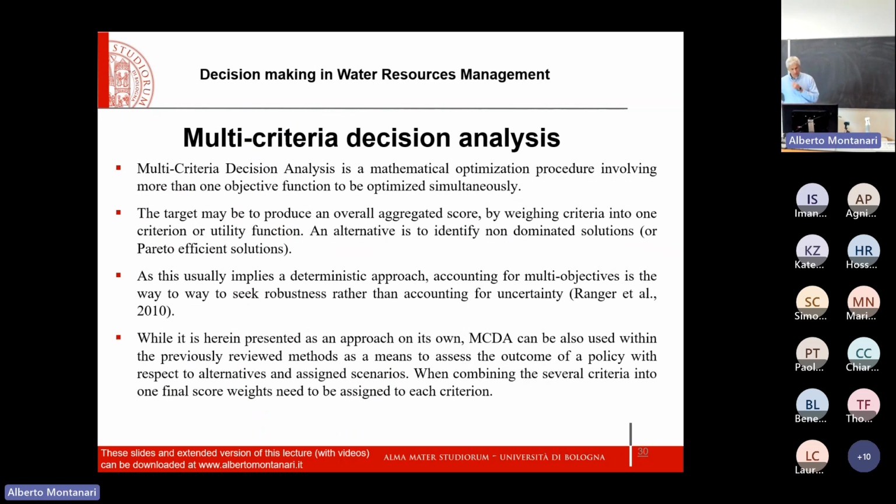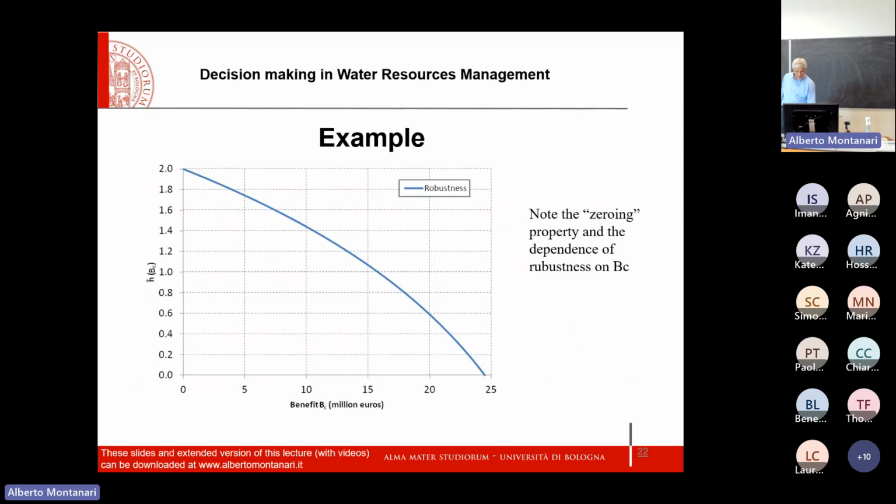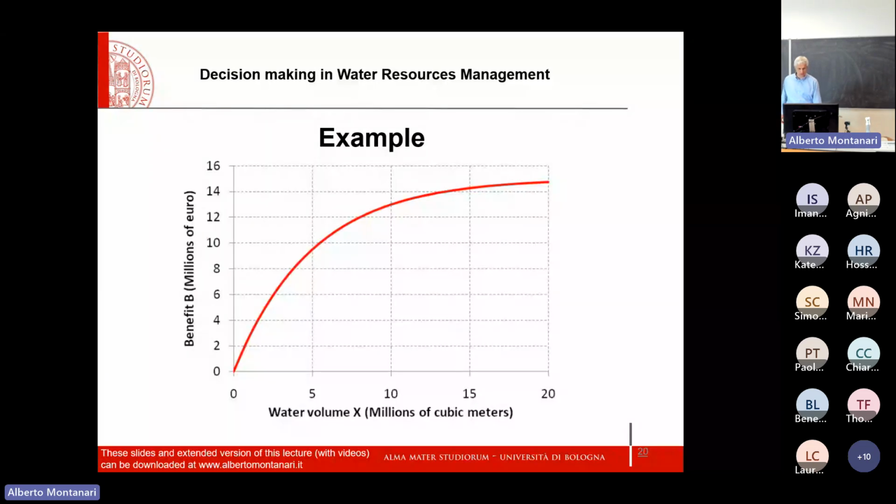Now, I want to give you some more information about what we discussed. So we talked about benefit. I go back some slides. Here, robustness and opportuneness were defined on the basis of a benefit function.